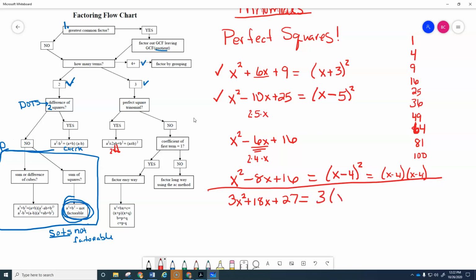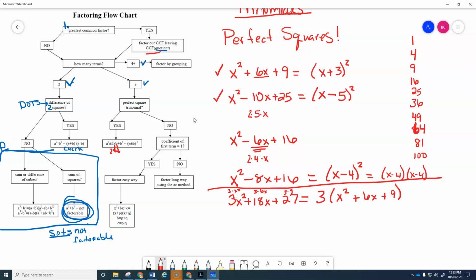Yes, I can factor out a 3. This is 3 times x squared. This is 3 times 6x, and this is 3 times 9. So what do they all have in common? A 3. If I take that 3 out, I get x squared plus 6x plus 9. Okay? Greatest common factor. Yes, factor it out.